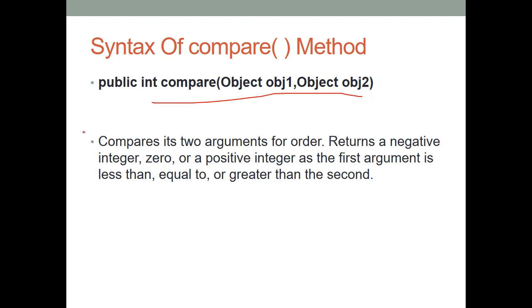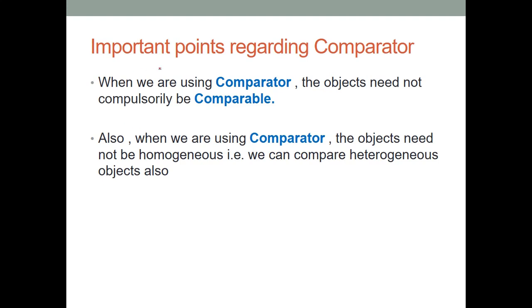You have to understand that this returns the value 0, 1 or -1. Important points regarding the Comparator: it will sort your objects in customized order. When you are using a Comparator, the object need not compulsorily be Comparable. Also, the objects need not be homogeneous, though we can compare homogeneous objects also.